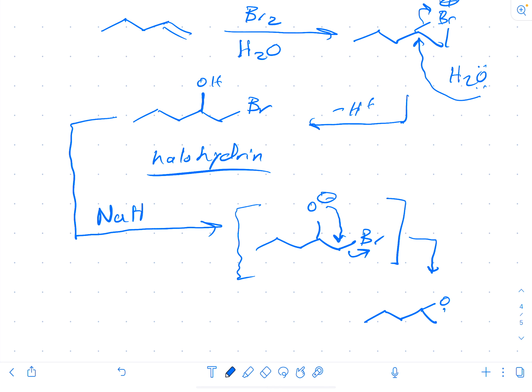So this is another way in which we can make epoxides, where we will ring close a halohydrin from a normal alkene reaction to make an epoxide. Now, this is not a very common way that people use to make epoxides now, but it is one that you see frequently in the historical literature.